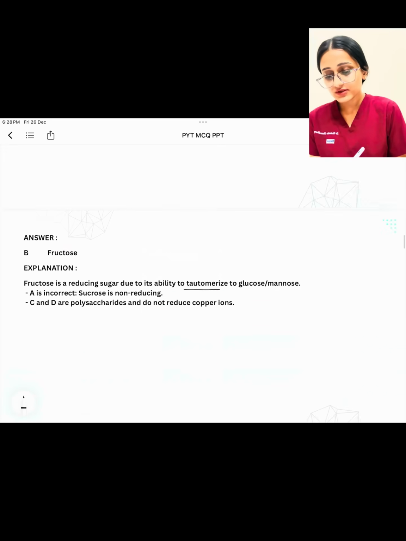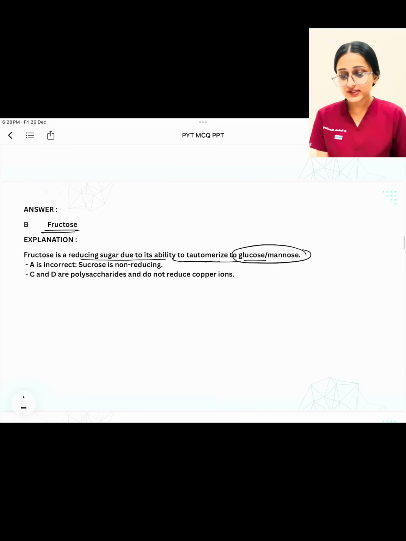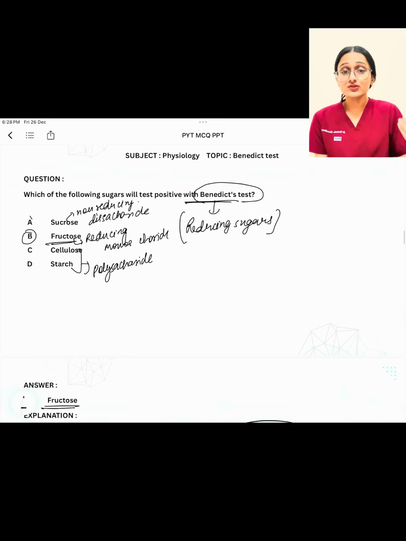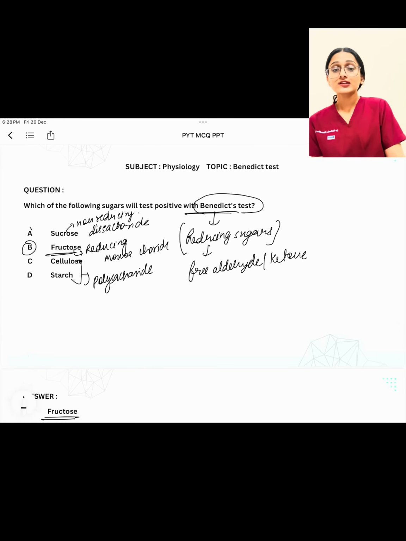See, fructose is a reducing sugar due to its ability to tautomerize to glucose and mannose. Sucrose is a non-reducing, and C and D are polysaccharides. And basically these reducing sugars, what are these? They have free aldehyde and ketone groups, and they reduce copper 2 plus into copper plus.